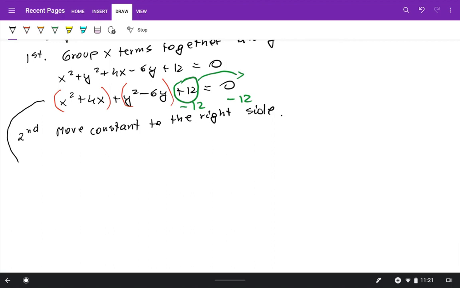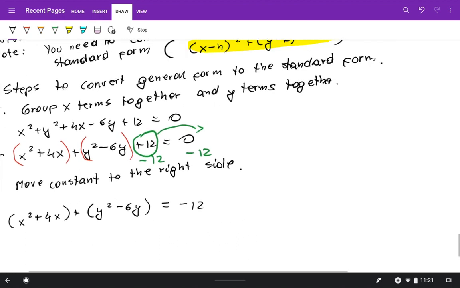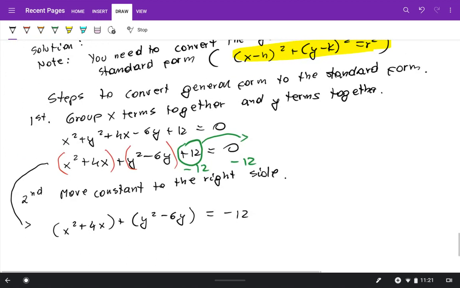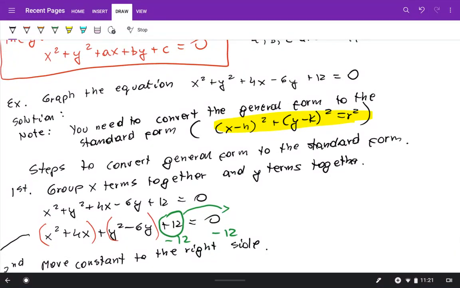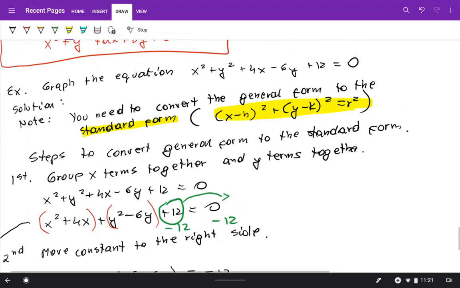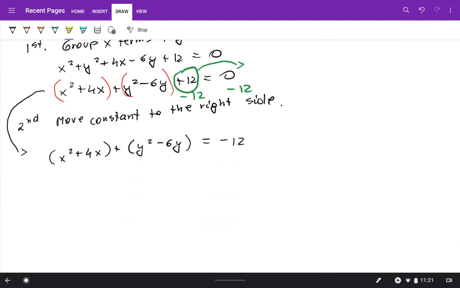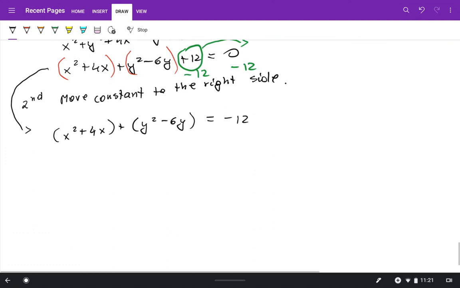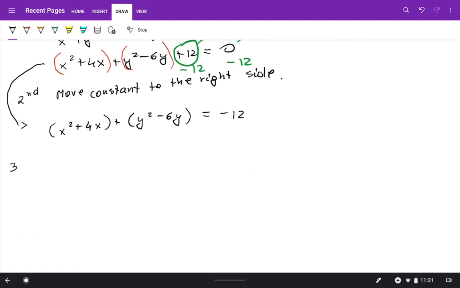So we will end up with x squared plus 4x plus, in parentheses, y squared minus 6y equals negative 12. So again, don't forget that we want to convert this equation to an equation which looks like the standard form, which is x minus h squared plus y minus k squared equals r to the second power. That's what we're trying to build. So that's step 2. So again, I'm giving you steps like an algorithm, which if you guys follow them, it should work all the time.